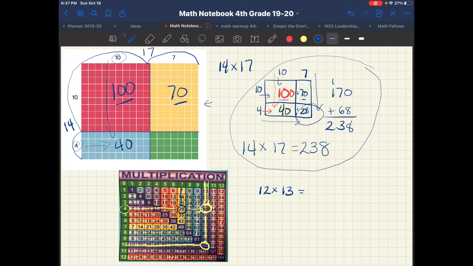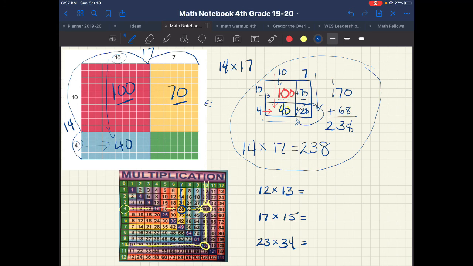Then try 17 times 15. And for a final challenge, let's try 23 times 34. Draw your area model.